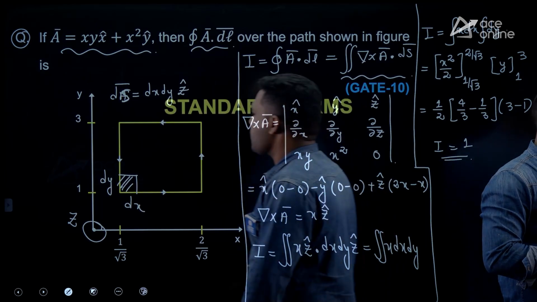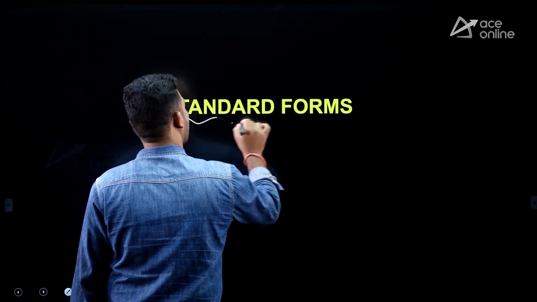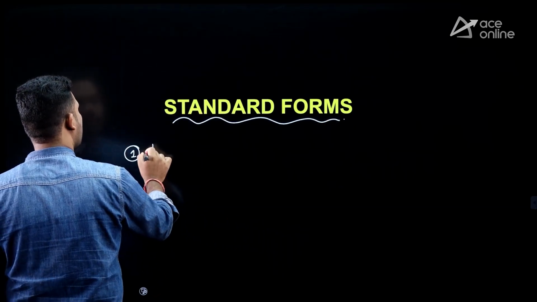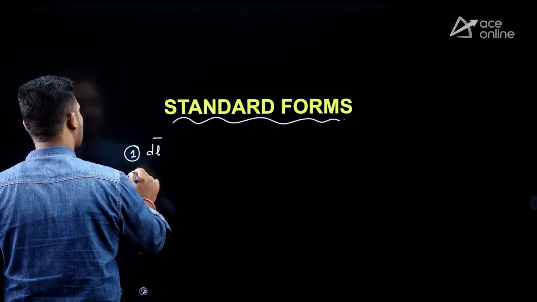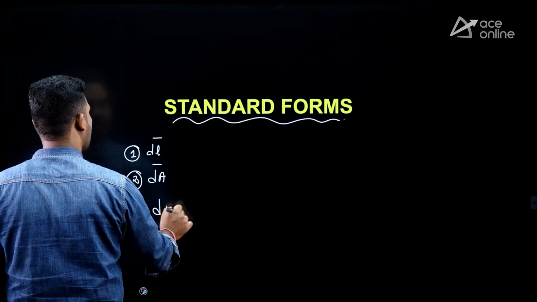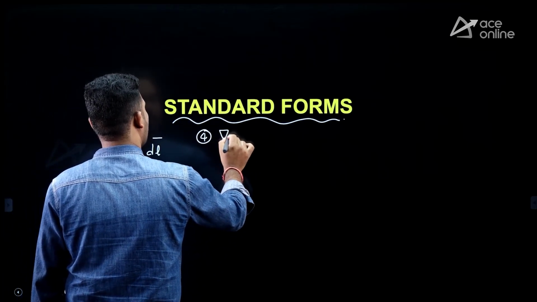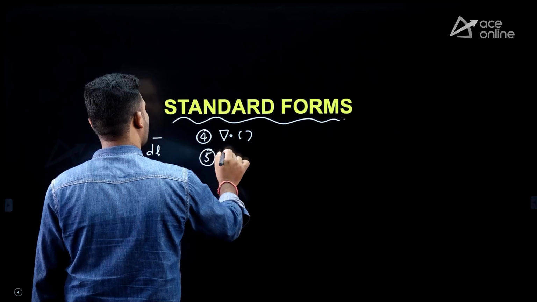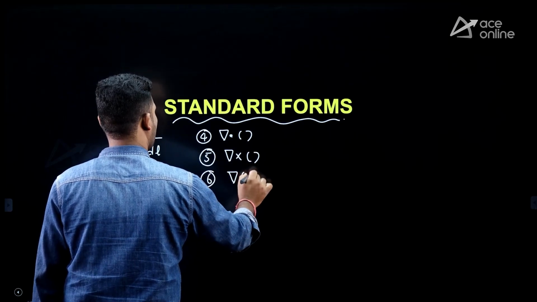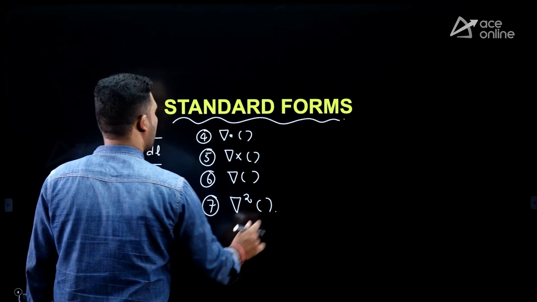Okay, friends. Let us have standard forms. What does that mean? See here, guys. There are different operators: differential length, differential surface or differential area, differential volume, divergence, curl, gradient, Laplacian operator.